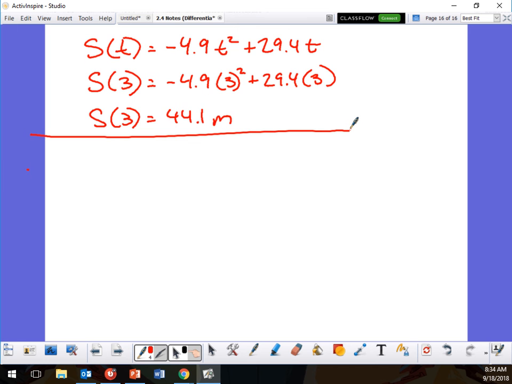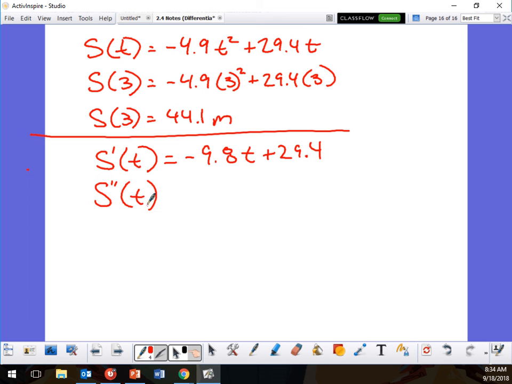If S prime of t was negative 9.8 t plus 29.4, and I want the second derivative of the position, then S double prime of t is going to be negative 9.8. So what does that mean? The second derivative represents the acceleration.